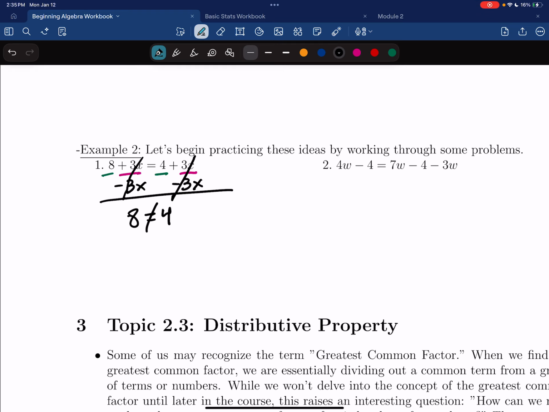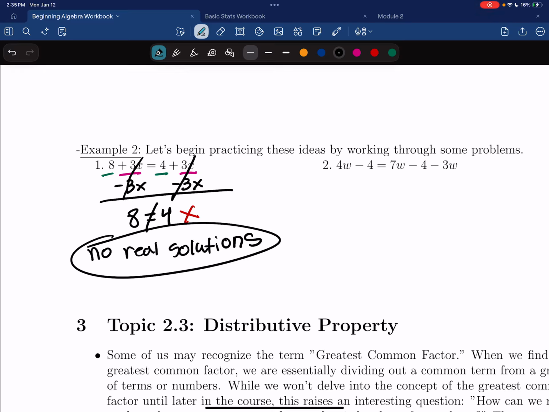So because this is a false statement, there are no real solutions to this equation. And that's your answer. Sometimes you might see this symbol here, a circle with a dash drawn through it. This symbol also means no real solutions. So you can write either, and both of these answers mean the same thing.